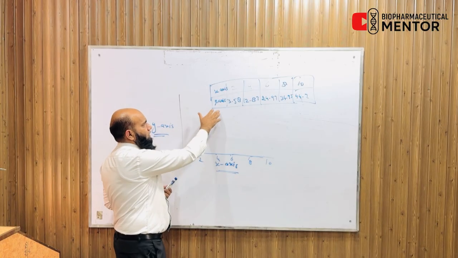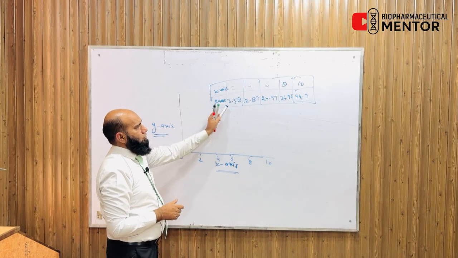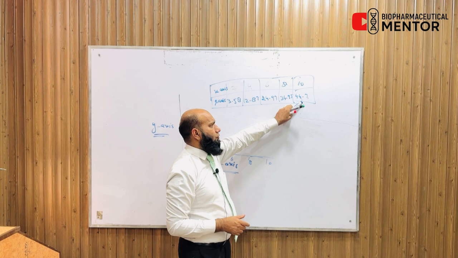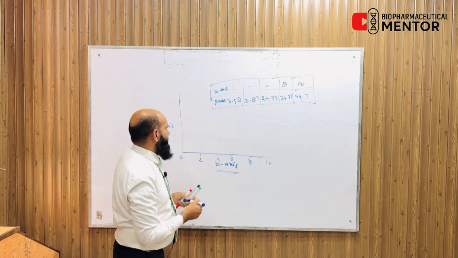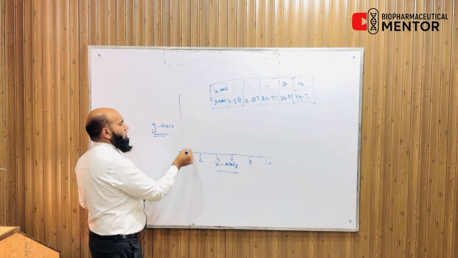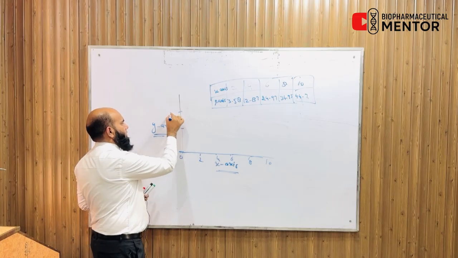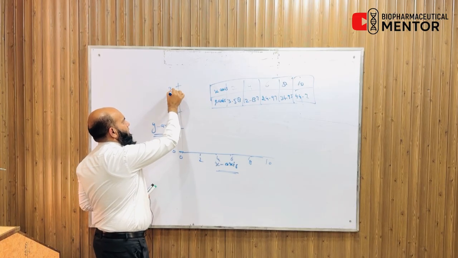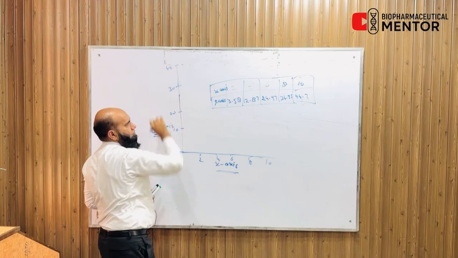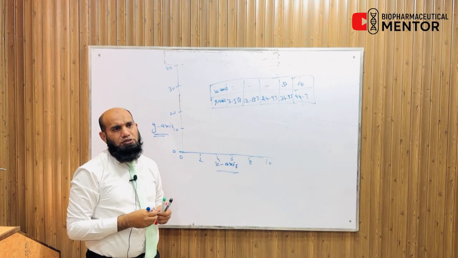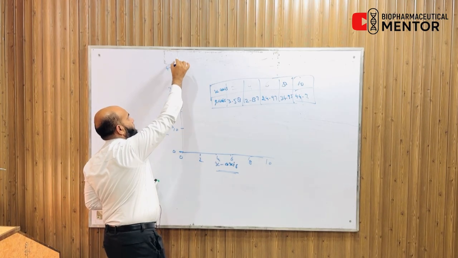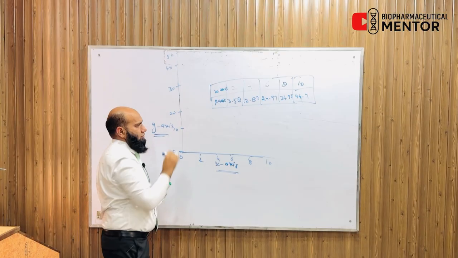In case of the y-axis, we have the minimum value 3 and maximum value 44. Now we will write, for example, 0, then 10, 20, 30, and 40. This is the simplest way to construct this graph. Since we have 44, we will move toward 50 also.